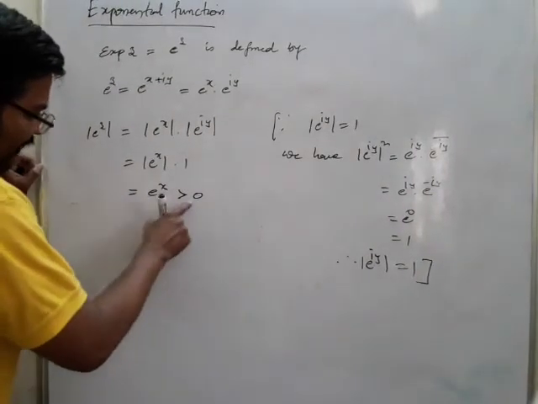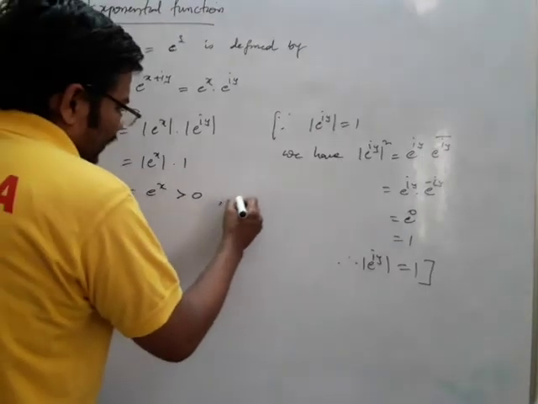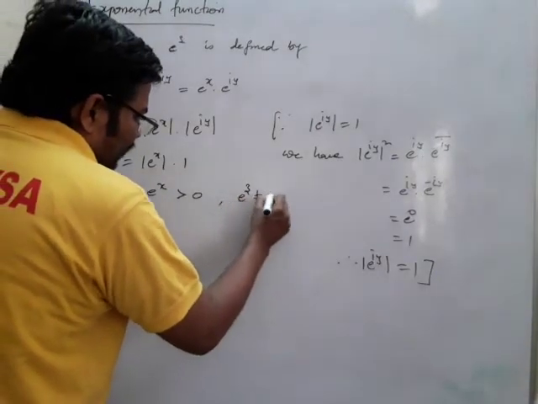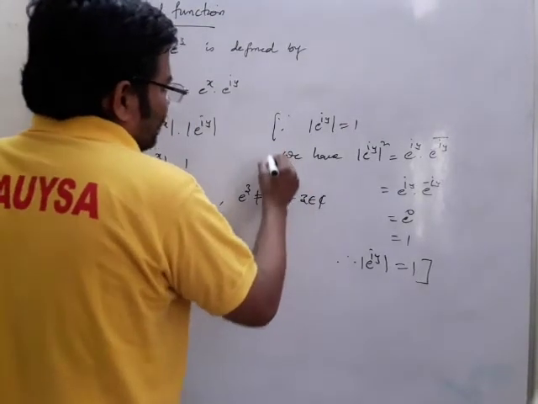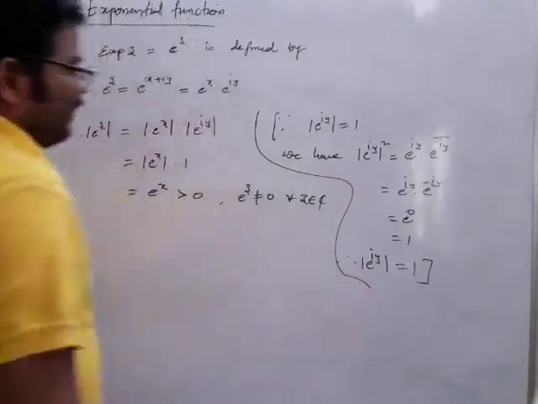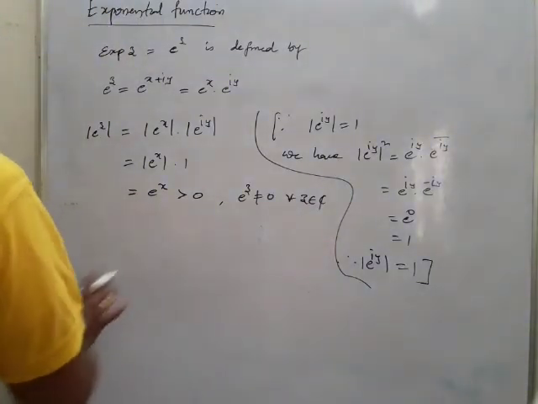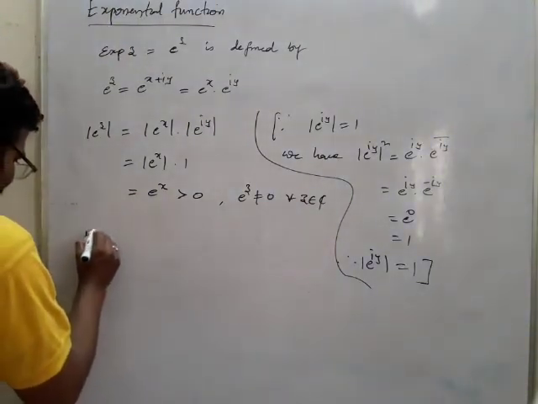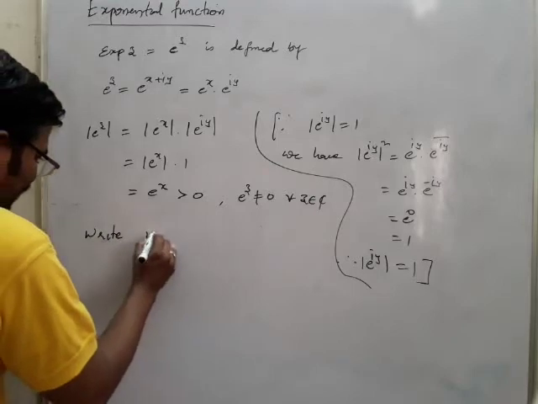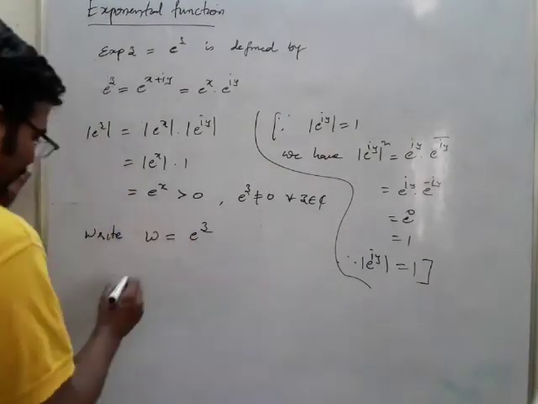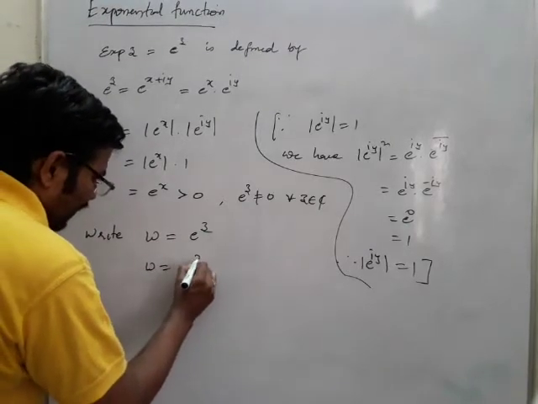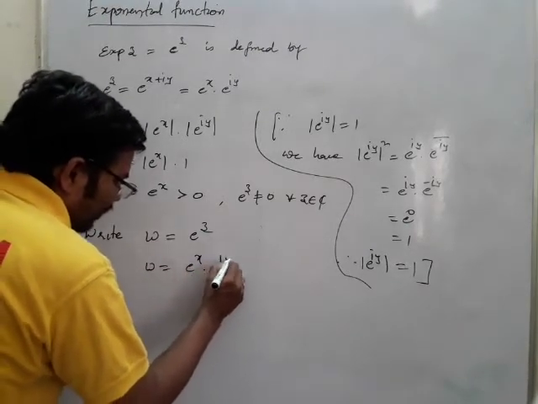now e power x is greater than 0, and we can say that e power z is not equal to 0 for all z belonging to the complex plane C. Okay, right. Now what we are going to do is we'll write w is equal to e power z. So therefore w is equal to e power x into e power iy.